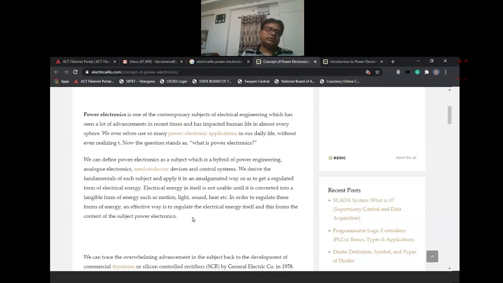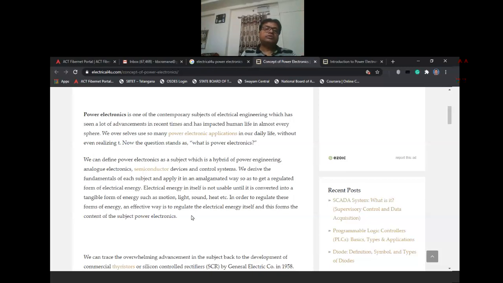For industrial loads, and even for domestic loads, there will be three phase loads which operate under 440 volts and higher currents. When it comes to transmission lines and even distribution lines, the operating voltages are of the order of thousands of volts, 11 kV, 33 kV and above, and hundreds and thousands of amperes will be flowing through the lines.